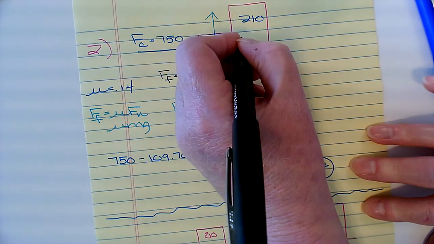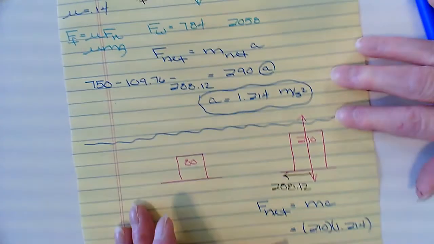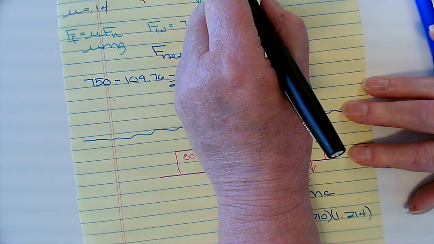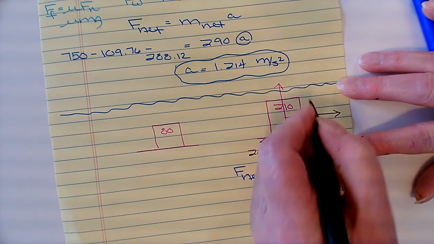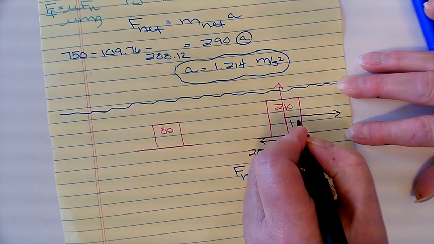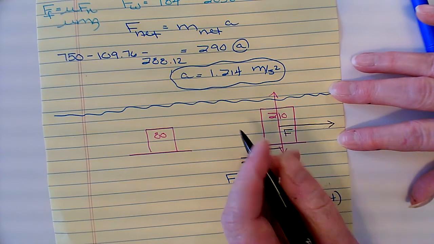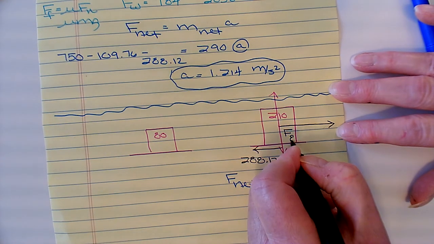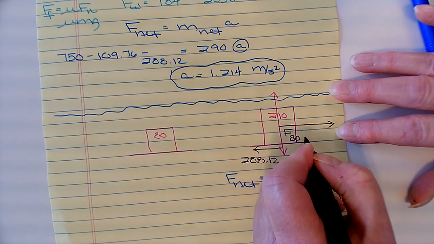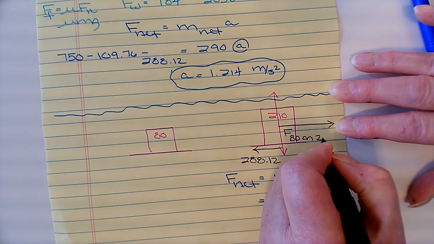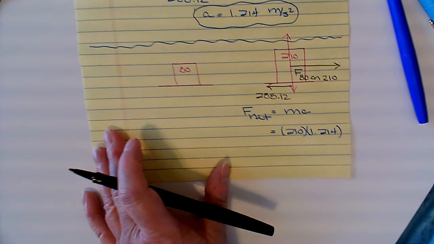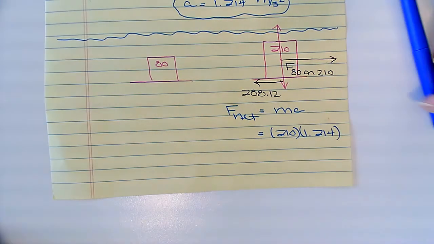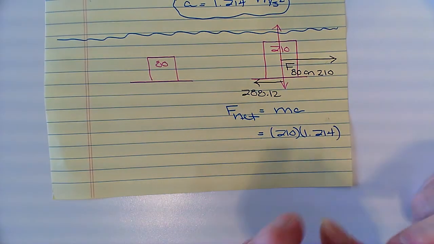I'm going to label that the force of the 80 on the 210, and I can see that it goes to the right. Down here, I'm going to label this, and I'm going to make it a bigger arrow because I know that the block is going that way. This is the force that the 80 kilogram block exerts on the 210 kilogram block. And that helps me figure out what I need to put in for the F net.